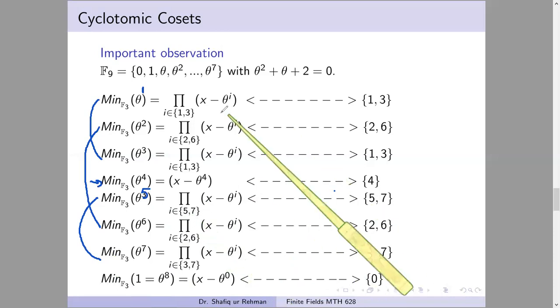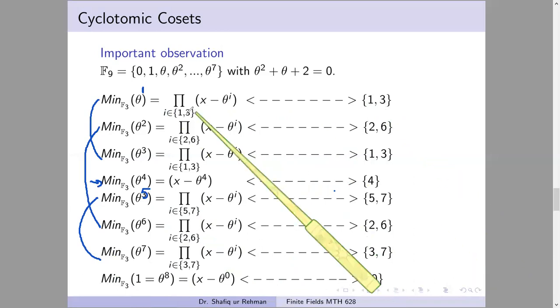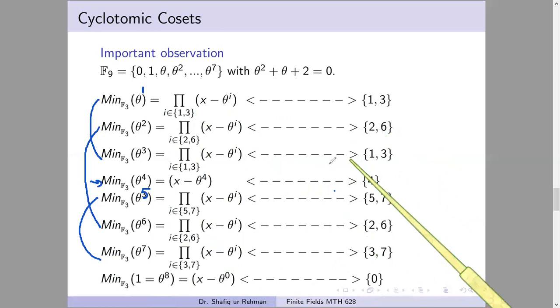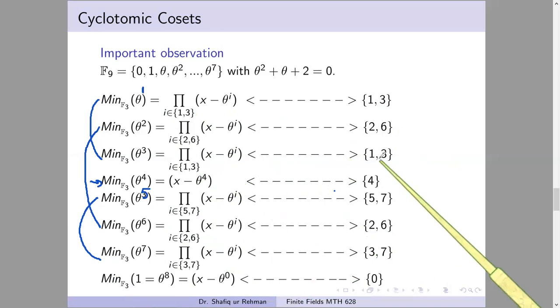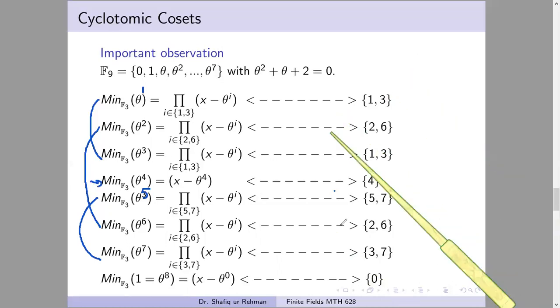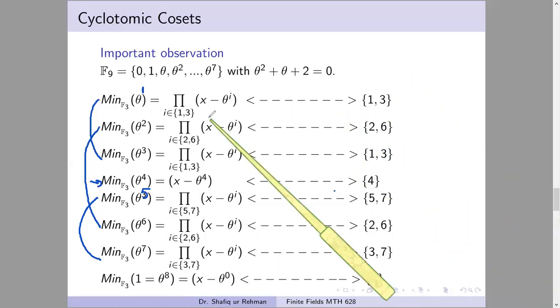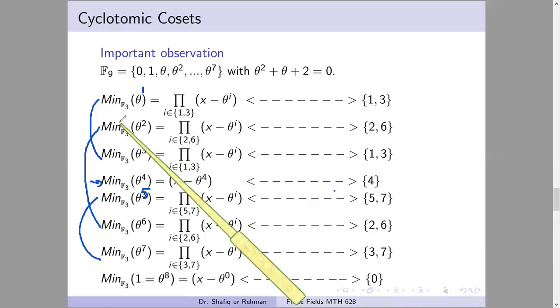So we can associate this factorization with this set of powers: 1 and 3 with this factorization, 2 and 6 with this one, and this factorization with this set of 1, 3, and so on. And we see that if we know these sets, by using these sets we can move towards the linear factors and we can get the minimal polynomial.